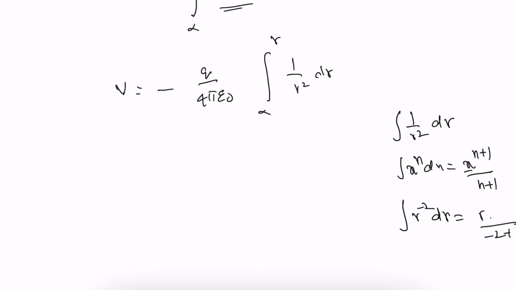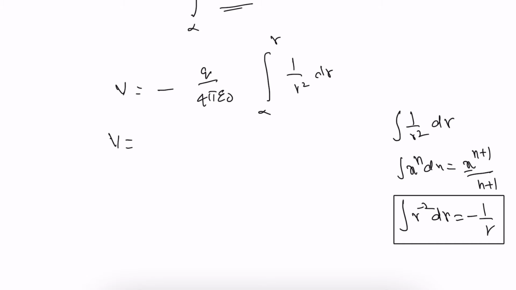Minus 2 plus 1 is minus 1. R power minus 1 is 1 by r, and 1 by minus 1 is minus, so this is minus 1 by r. So the integration of r power minus 2 dr is minus 1 by r. Integration is the process opposite to differentiation. If we differentiate minus 1 by r, then we get r power minus 2.